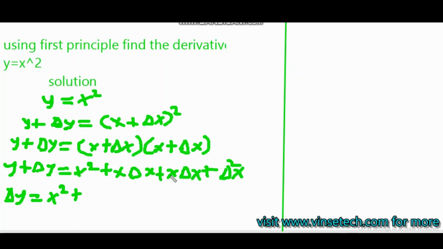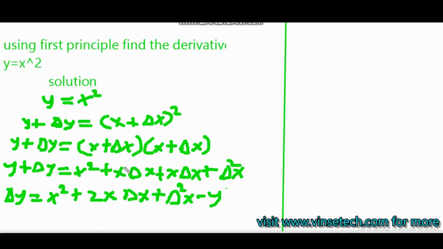By the time you add both of them, you now have 2x delta x, and you now have delta x squared. Put your positive sign. Recall we are moving y from the left hand side to the right hand side, so we now have minus y.